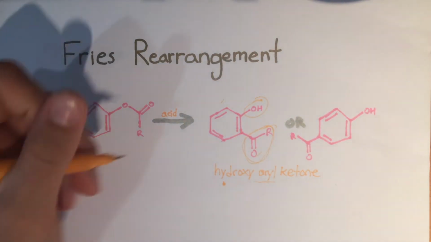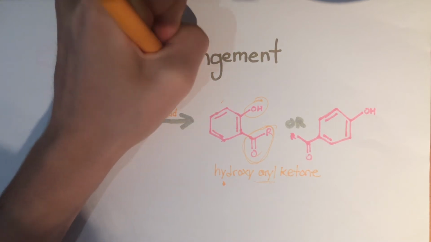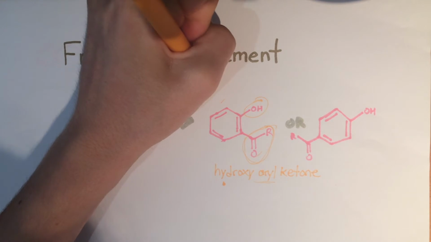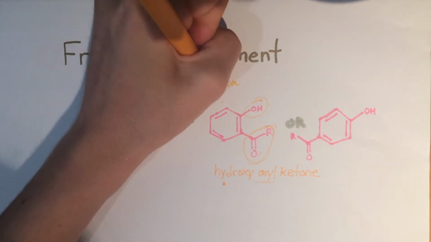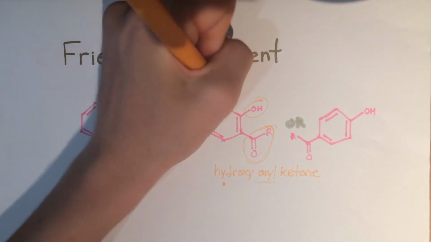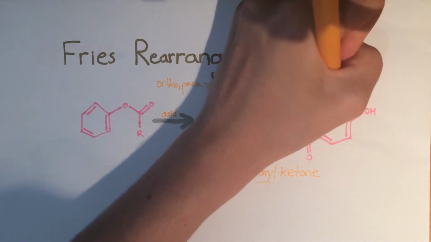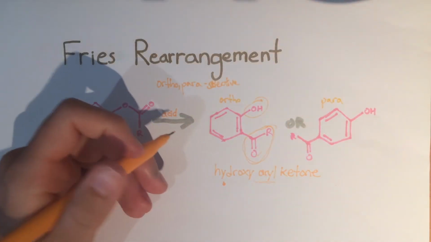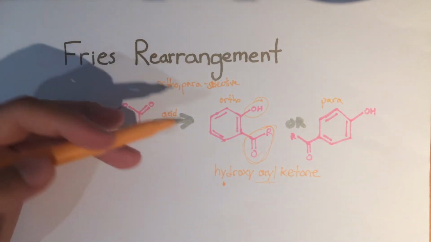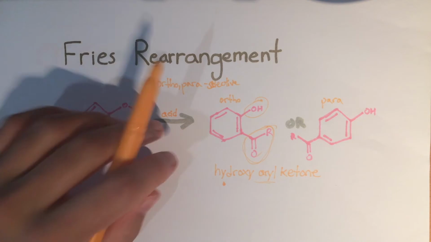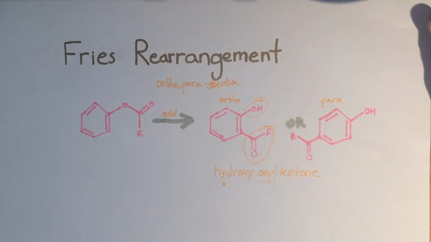The rearrangement is ortho, para selective, meaning it creates both ortho and para groups, depending on the temperature and also whether or not you have other functional groups on the aromatic ring. So let's go through the mechanism.